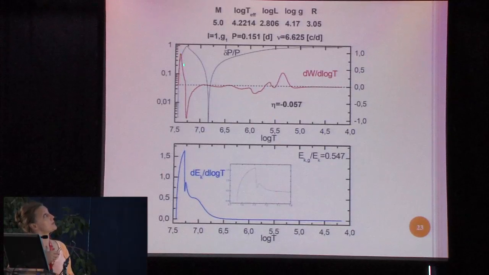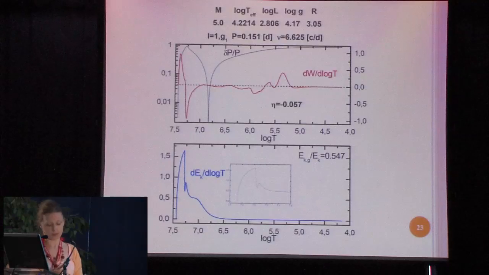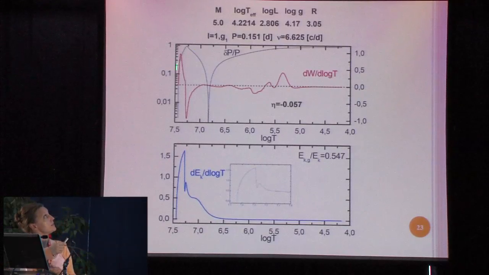So this is connected with the so-called epsilon mechanism. And this mode has a very large amplitude of the pressure eigenfunction in this region.